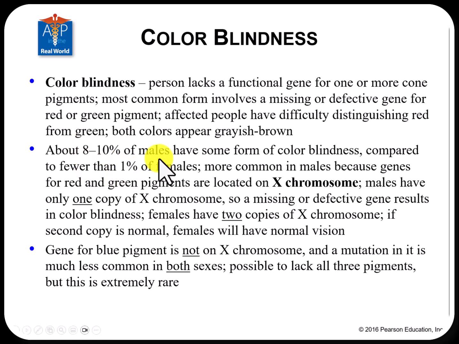So 8 to 10% of males have some form of color blindness compared to fewer than 1% of females, because they normally have at least one normal copy on the X chromosome. And so what happens is you have a mutation in either the blue pigment or other pigments, but blue is the most common, and so then they can't see the reds and the greens.